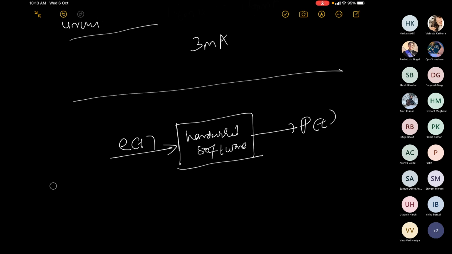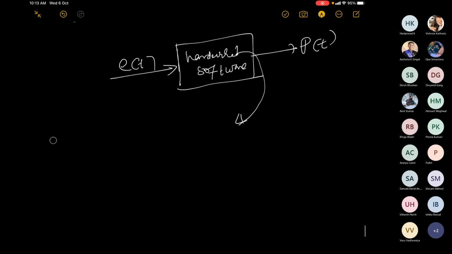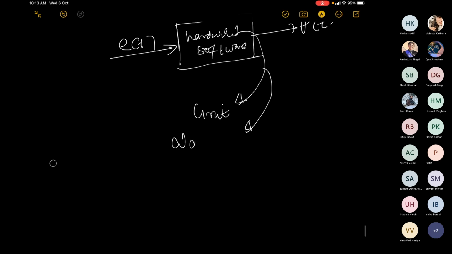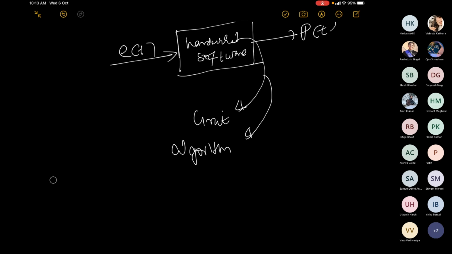So let me continue. In terms of hardwiring, it is a circuit, while in terms of softwaring, it is an algorithm. The algorithm would just give you some P of t value. And there is one more difference.